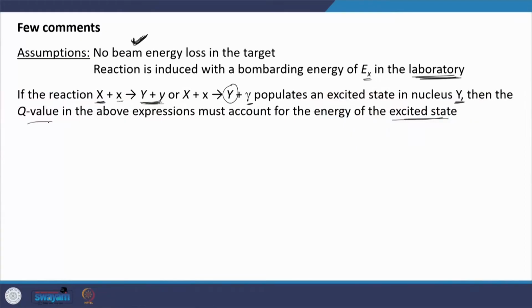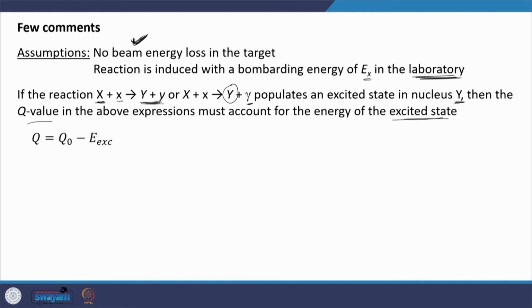We have considered the situation where the product nucleus Y is in the ground state, but it is quite common that the product nucleus goes into an excited state. It has some energy. So, when you deal with the Q value, it has to consider the effect of the energy of the excited state as well.